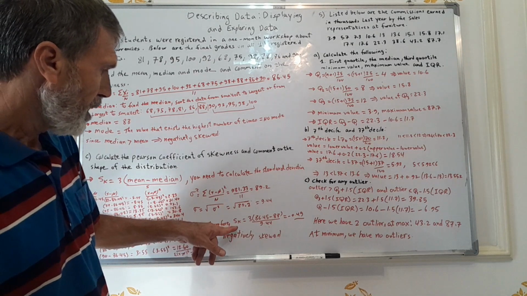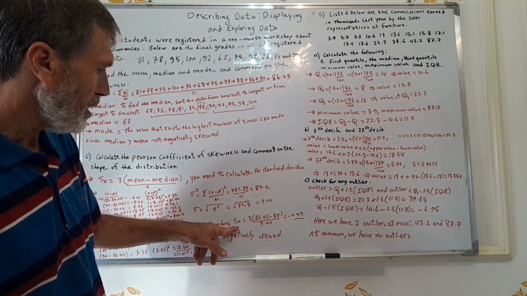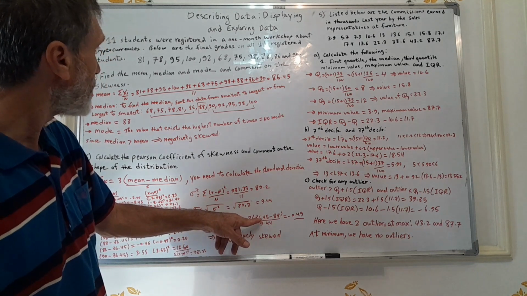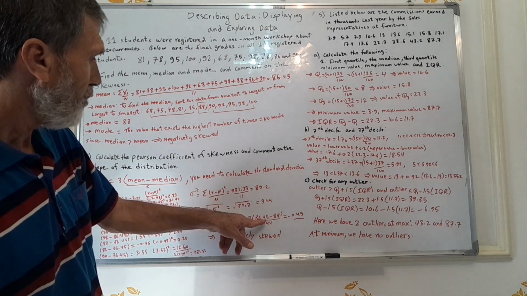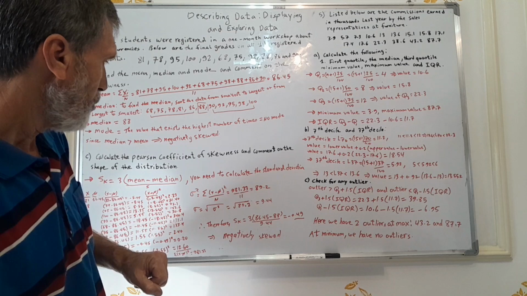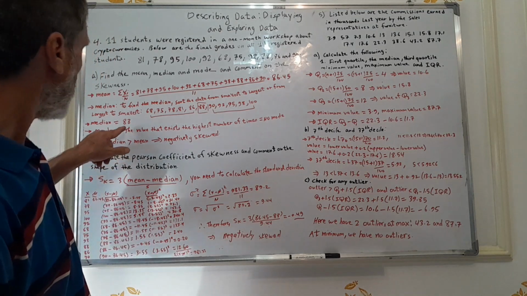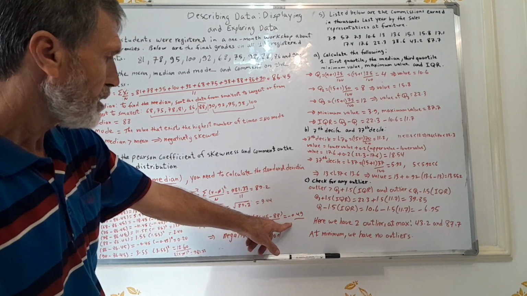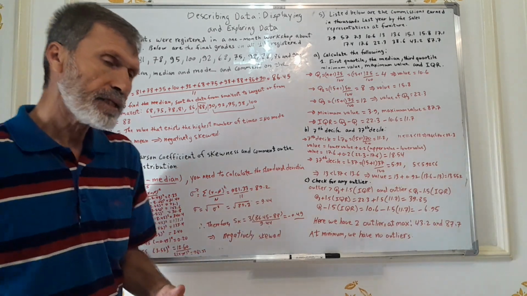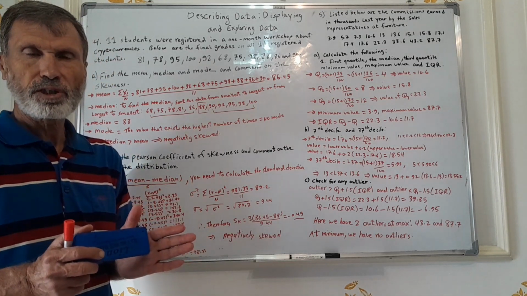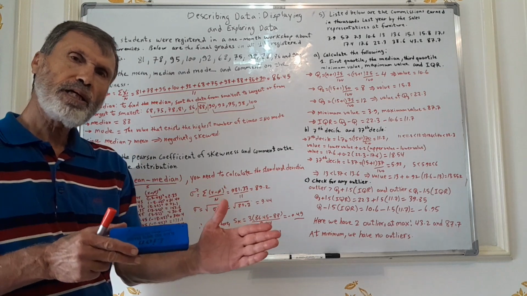And therefore, SK, which is the Pearson coefficient of skewness, is equal to 3 times the mean, 86.45, minus the median, which is 88, over 9.44, and we come up with minus 0.49. And as you know, the coefficient of skewness ranges from -3 to 3.